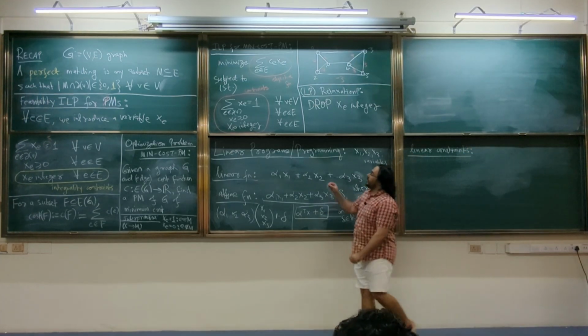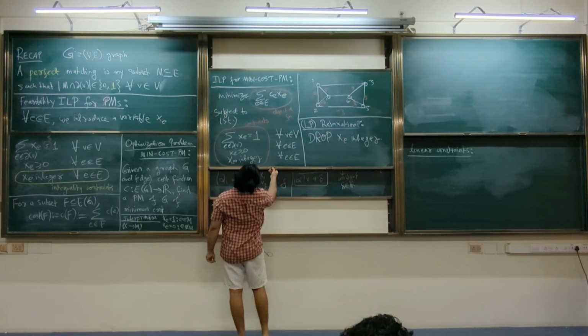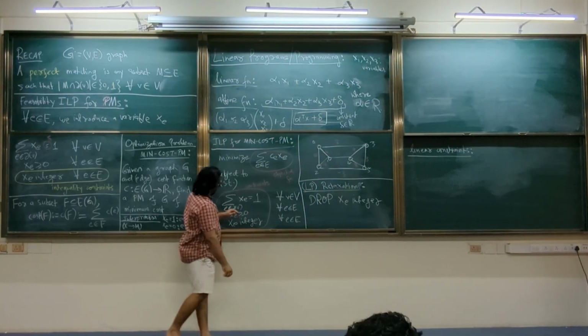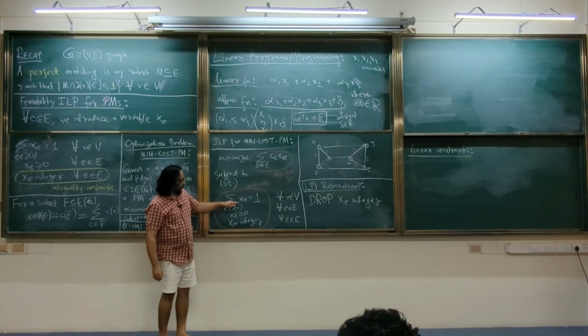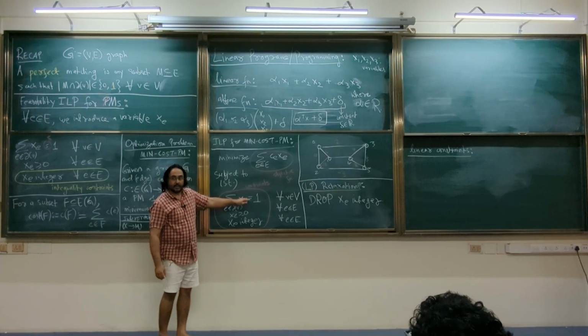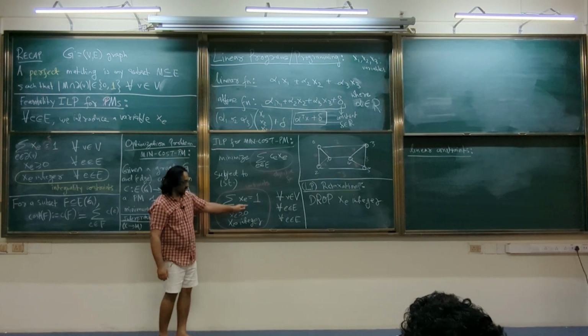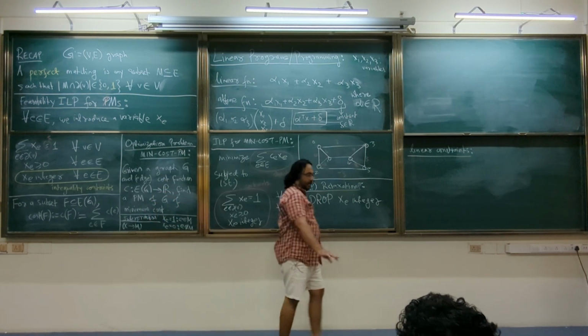So what you see in this integer linear program that we have written, the first two constraints are basically a linear function equal to, less than or equal to, or greater than or equal to some constant. This is what we will allow in linear constraints.